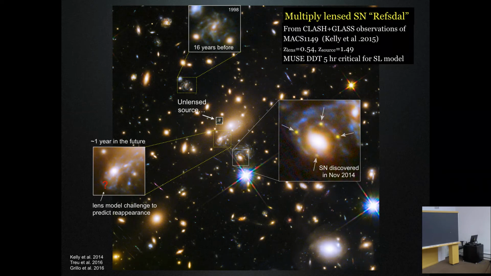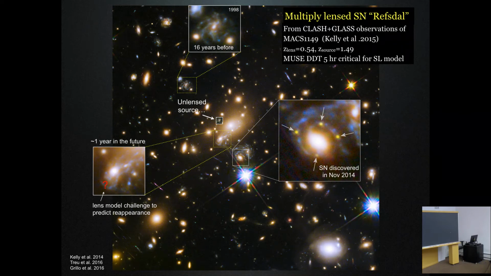So, having observed this system in November 2014, and building a mass model for this cluster, several groups could anticipate the reappearance of the same supernova, exploding in another multiple image of the same galaxy. Okay, so the model tells you that in this image here, the supernova appeared already 16 years ago.